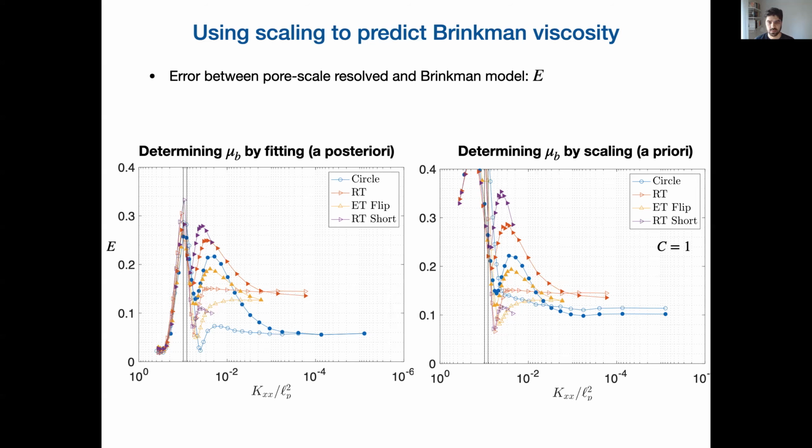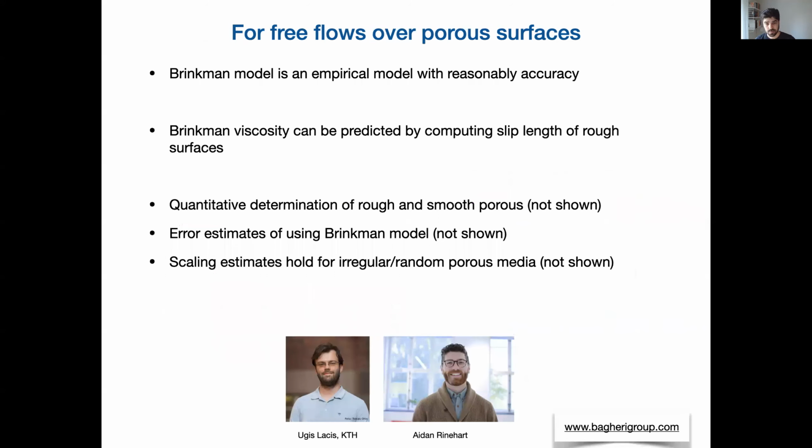So we are interested in looking to the right of these vertical lines, and there we can see that the error in the right figure is around 0.35, and on the left is around 0.30. So using this scaling estimate is a good proxy of the best Brinkman viscosity that you can get by fitting the 2 norm.